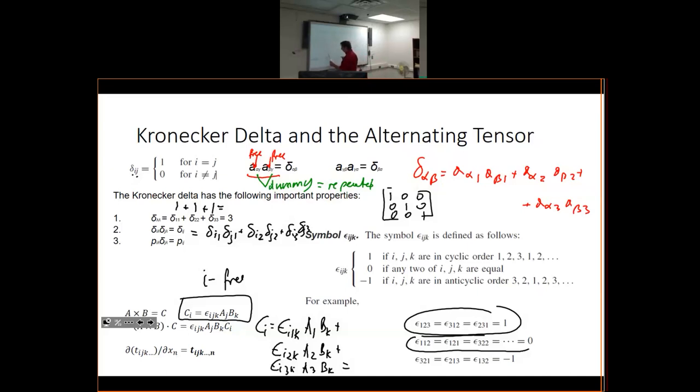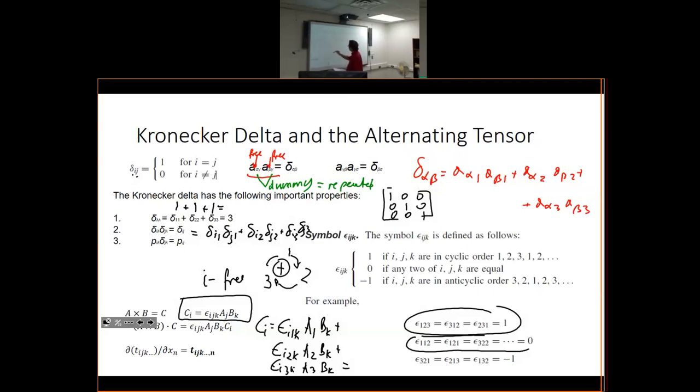One way of remembering when it is positive 1 or negative 1: if you write on the paper 1, 2, 3 in the clockwise direction, then this would be producing the positive 1. So 1, 2, 3 is positive, 2, 3, 1 is positive, 3, 1, 2 is positive.